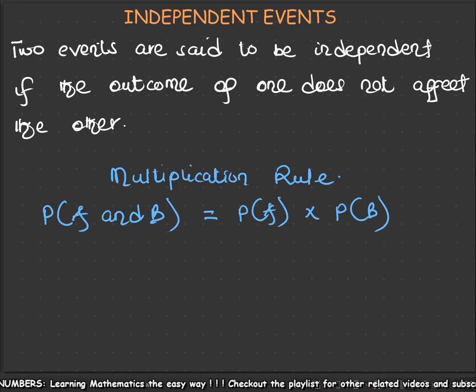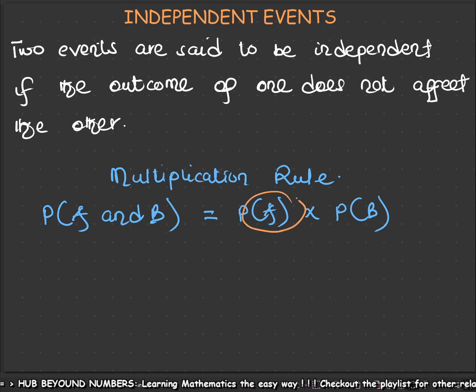So here we have it. The multiplication rule says that if you have two events, let's say event A and event B, and you want the probability of event A and B occurring, then it is the product of the individual probabilities. What do I mean by that?